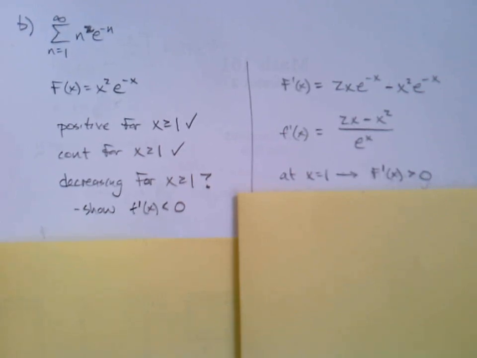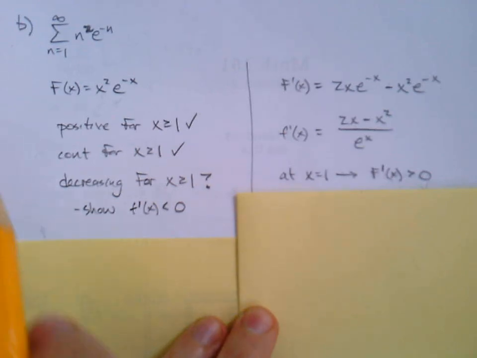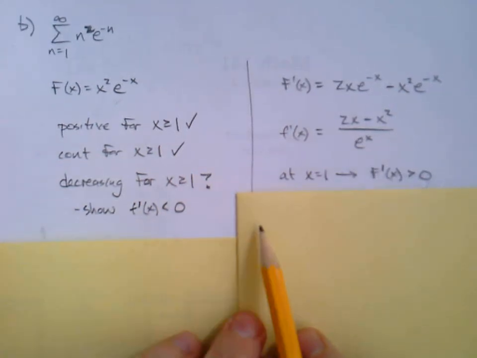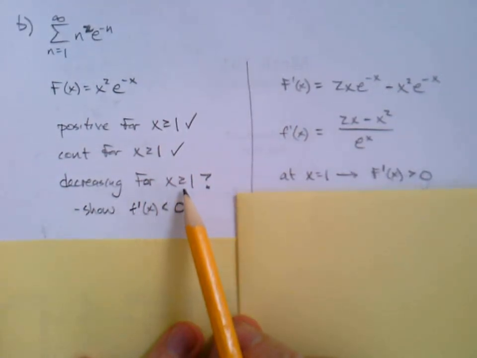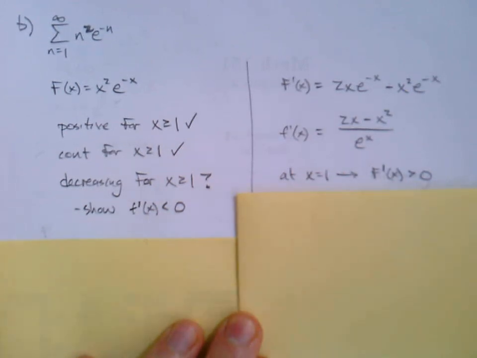Well, this is terrible. Or is it? The question at this point is, can we still use the integral test? Or do we just need to give up and say this question cannot be answered with the integral test because the function is not decreasing for all x greater than or equal to 1? At 1, it's clearly increasing.